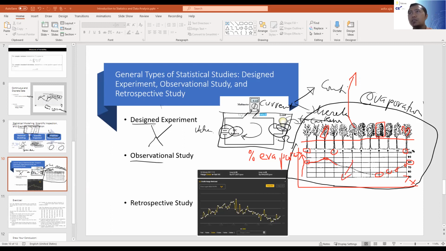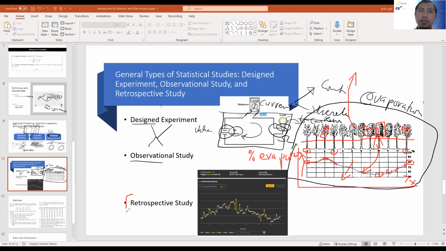This is merely by nature. Even the number of leaves on the tree, we cannot control. We just observe, and make a relation between evaporation behavior and tree behavior. So that's all about the observational study.